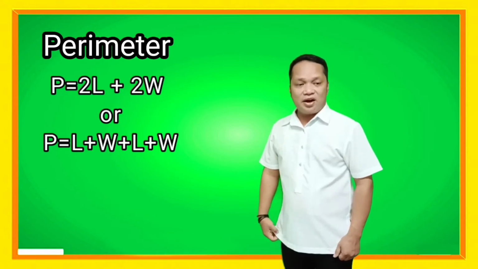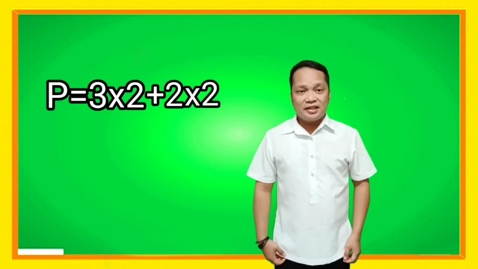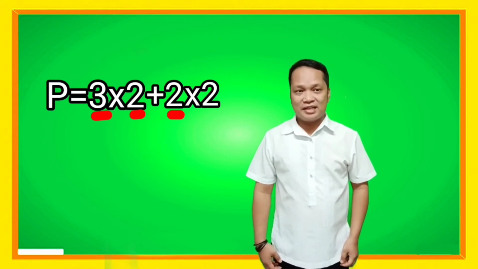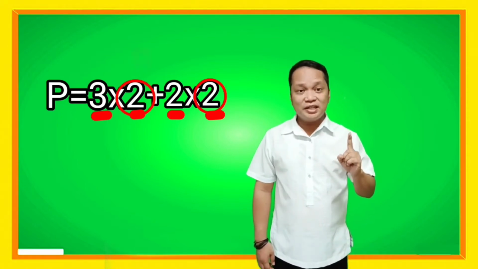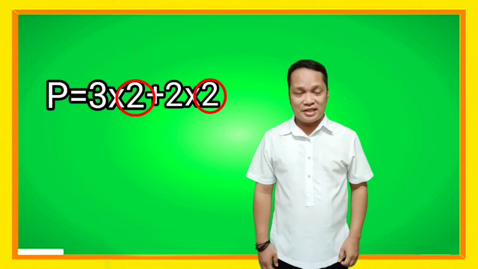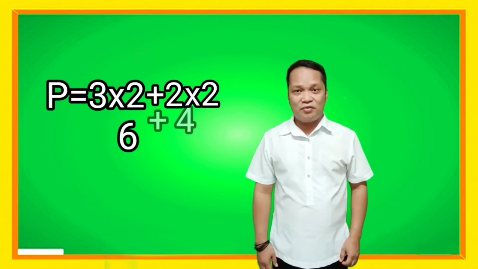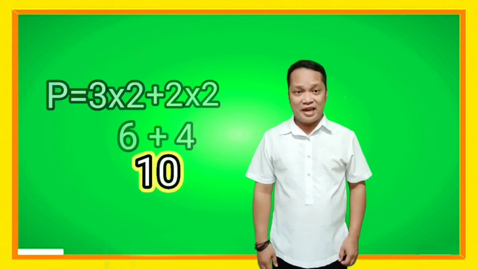Since the length of the garden is 3, we multiply it by 2, plus 2 as its width, multiplied by 2. Take note, children, that 2 in the formula is constant and it will not change. Therefore, 3 times 2 is 6 plus 2 times 2 is 4. So, 6 plus 4 is equal to 10.